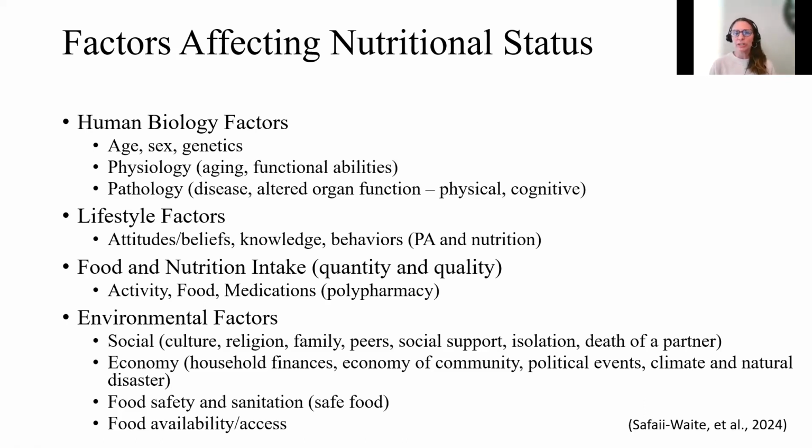I'll be going into more detail on these further in the presentation, so I won't take too much time here except to say there's human biology factors, there's pathophysiology, like with aging, where there is less lean body mass and more fat mass, yet there's still a similar need for our vitamins and minerals.